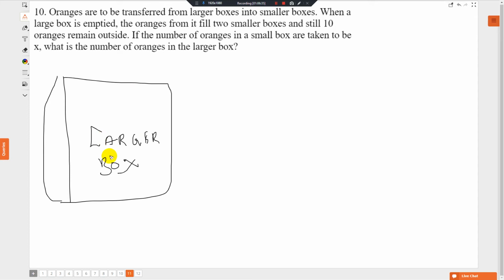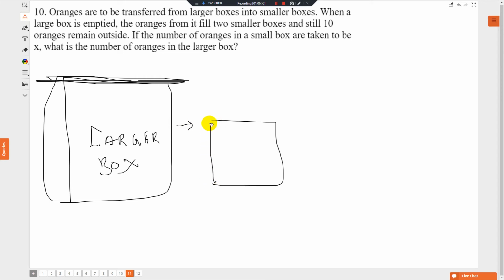And there are some laddus here. If someone had opened the cover and transferred them into smaller boxes, can the larger box's laddus fit within one box? No. So it fitted in 2 boxes.